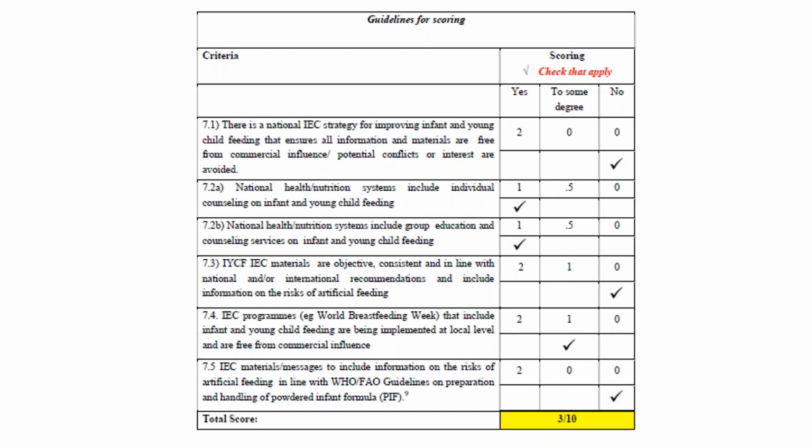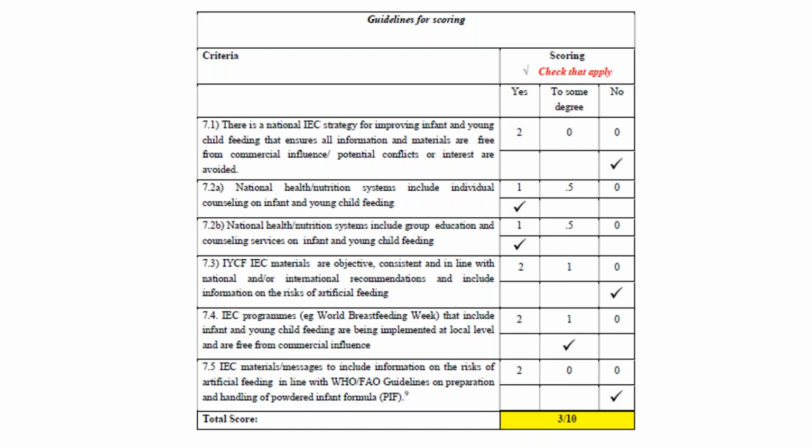And 7.5, we scored 0 on because we really don't have good materials, including information on the risks of artificial feeding that are in line with the WHO guidelines on the preparation and handling of powdered infant formula. In fact, we have mixed messages when you look at the policies and guidelines on the preparation of powdered infant formula.